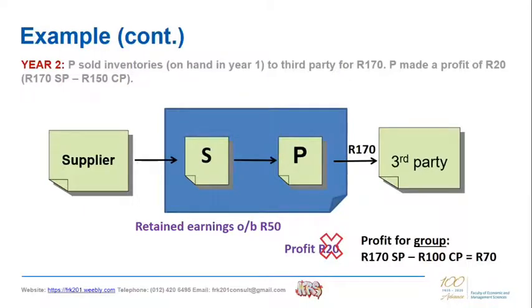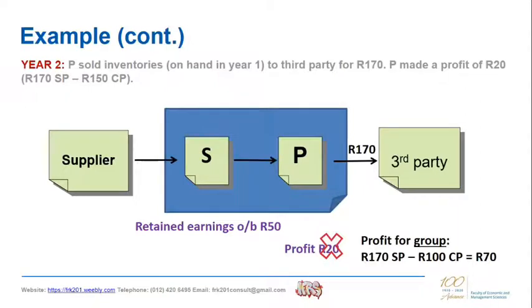In my starting point, being the trial balances of P and S, I have a profit of 20 Rand. So to achieve a profit of 70 Rand, I need to bring in an additional profit of 50 Rand. With my starting point having a profit of 20 Rand, adding to that a profit of 50 Rand with the consolidation journal entry, I end up with my required profit of 70 Rand.